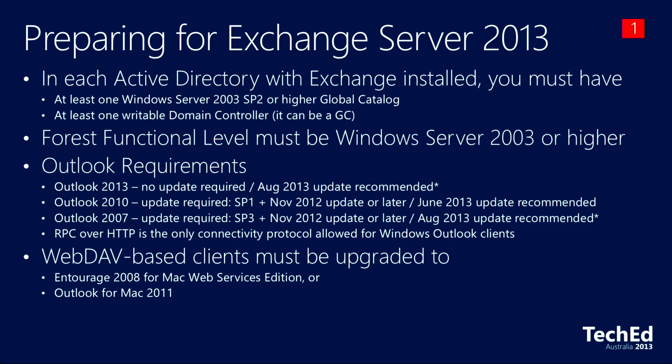You also need at least one writable DC, and we typically recommend that you make that a GC as well. As I mentioned earlier, your forest functional level typically will not need to change. It can stay at Windows 2003 FFL, or you can raise it. That won't matter from an Exchange perspective. So if you do need to change it for another directory-enabled application, feel free to do that. That will not affect Exchange at all.